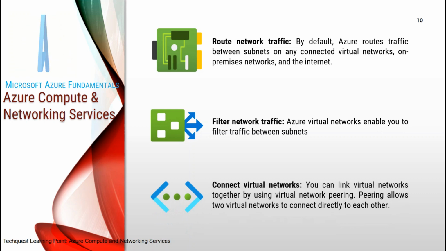Connect virtual networks. You can link virtual networks together by using virtual network peering. Peering allows two virtual networks to connect directly to each other. Network traffic between paired networks is private and travels on the Microsoft backbone network, never entering the public internet. Peering enables resources in each virtual network to communicate with each other.